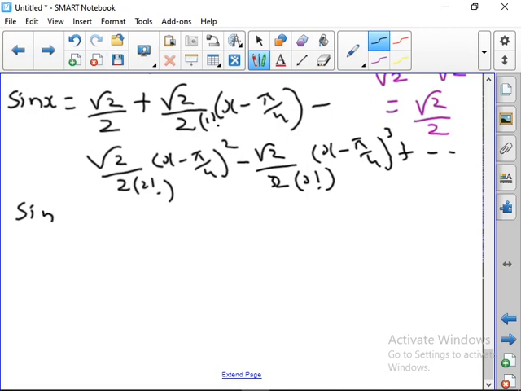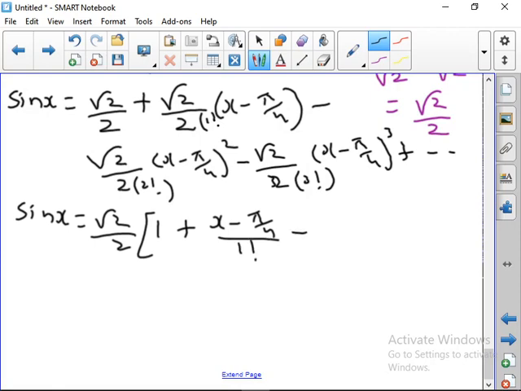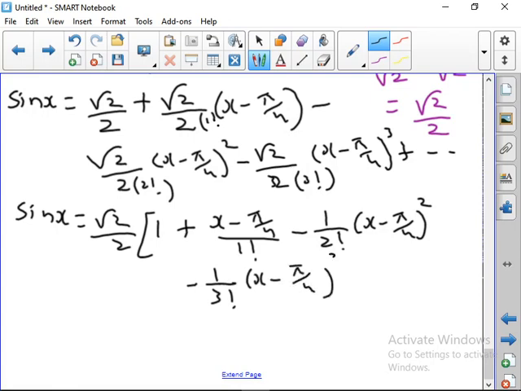So the final answer is sin x is equal to root 2 by 2 can be taken out. So you get 1 plus x minus pi by 4 by 1 factorial, then minus 1 by 2 factorial into x minus pi by 4 the whole square, then minus 1 by 3 factorial into x minus pi by 4 the whole cube plus etc. So this is the answer, and remember that factorial, here I have mentioned as 2 factorial, can be written like this also.